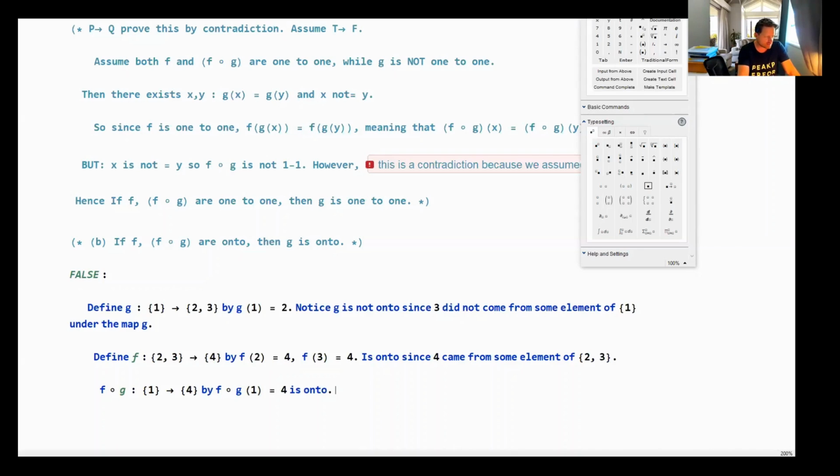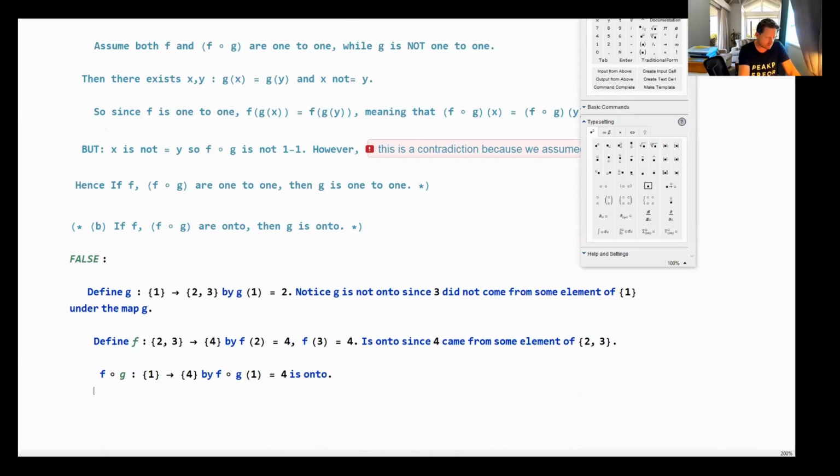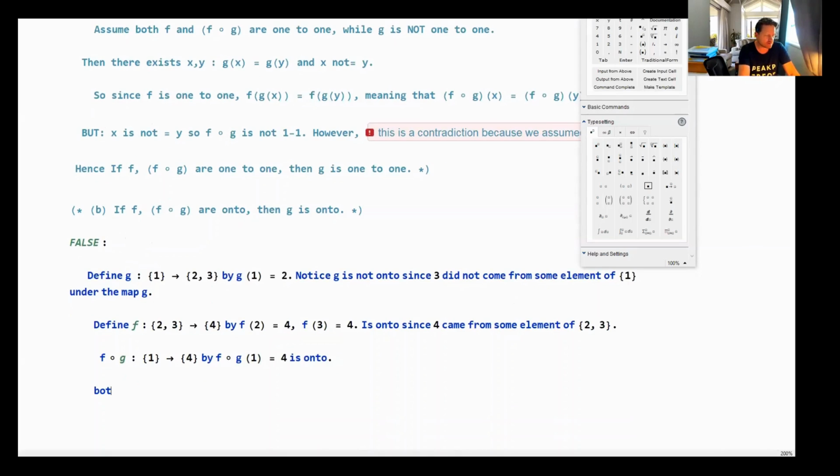So what we have here is that both of these are onto, but G is not onto. So in other words, we have that the statement is false, right?